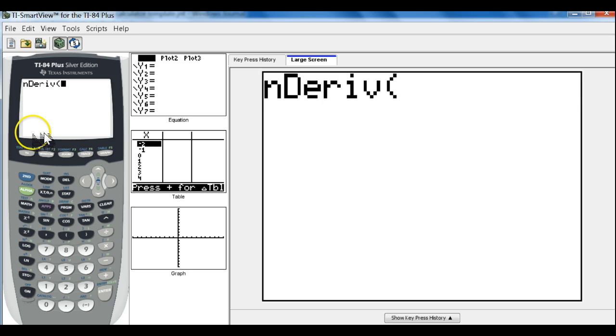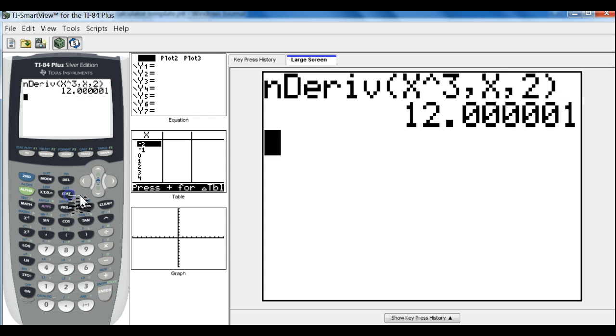All you do is type in the function, then the variable you're using for the function, which is x, and then where you want to evaluate it. I want to evaluate it at 2. You hit enter, and there's the same thing. Now, most of you will have MathPrint, so I'm going to keep working with the MathPrint version, but this is how you would do it without it.